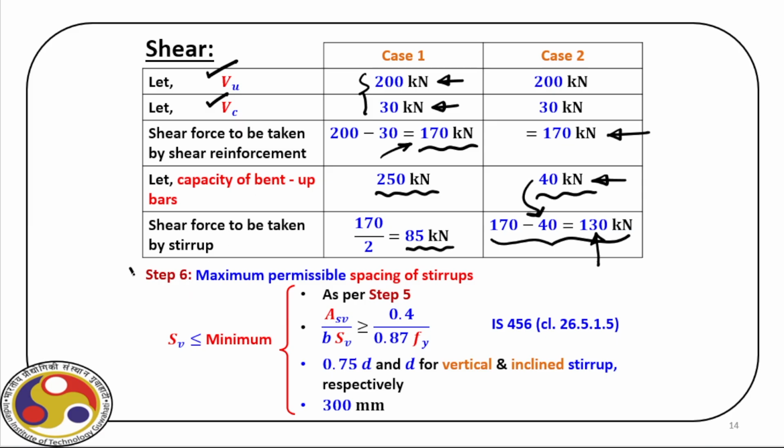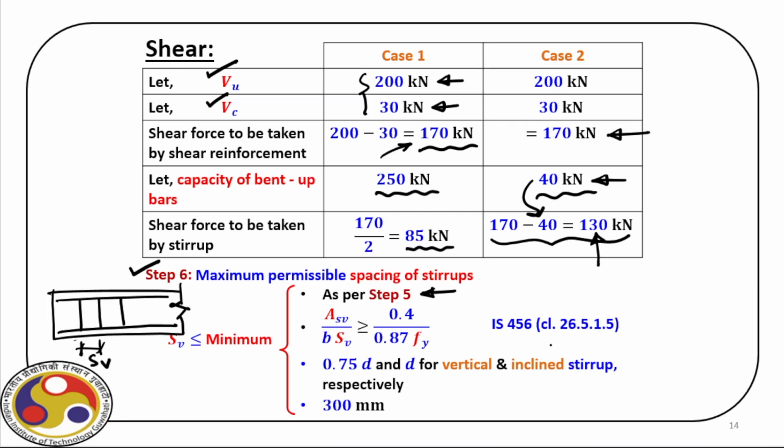Now, lastly, there is a maximum permissible spacing of stirrup. Sv is the stirrup spacing. So if this is the beam, and if these are the stirrups, so this is the spacing of the stirrup, Sv, which is here. So there is a limitation of this Sv. First we calculate Sv as per step 5, that is the previous step.